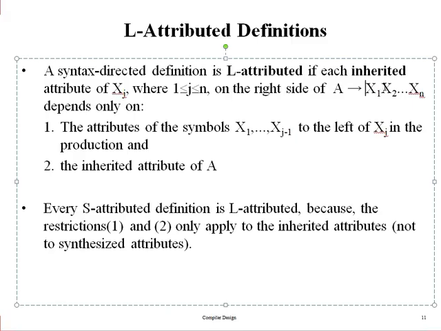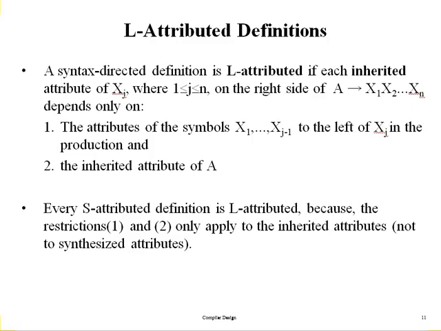So the inherited attribute of X2 can be calculated from the value of the attribute of X1 and or the inherited attribute of the parent A. If we wrongly define the semantic rule that calculates the value of the inherited attribute of X2 from X3, it is illegal because it violates the first condition of attaching an inherited attribute to a given grammar symbol.